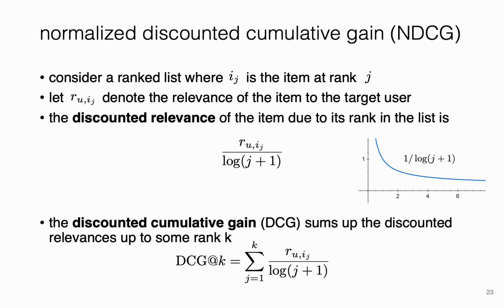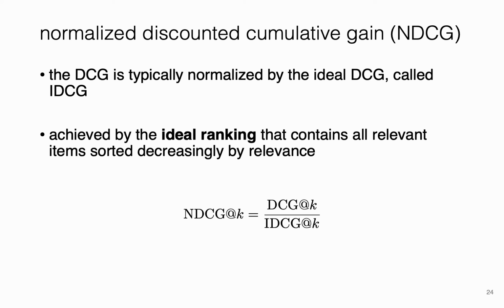The discounted cumulative gain at k, or DCG at k, is the sum of discounted relevance. The DCG value depends on the position of the rated items and their ratings. The best possible DCG is called the ideal DCG.